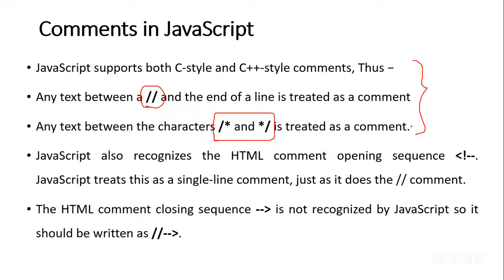If you want to write a single line comment, you can use double forward slashes. If you want to write a comment in multiple lines, it should start with forward slash star, and at the end you must end with star forward slash. This is how to write multi-line comments in JavaScript.